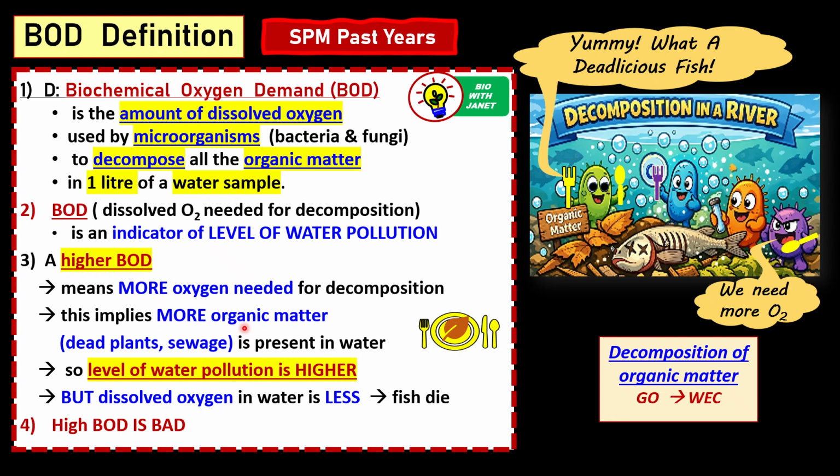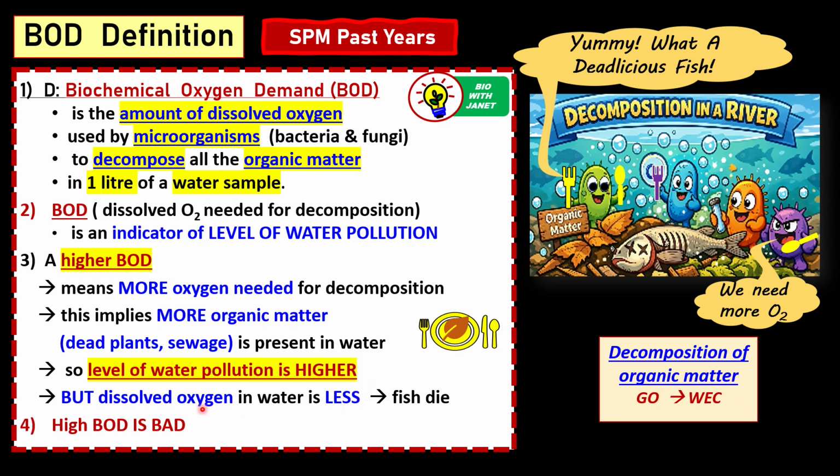This organic matter are the dead substances, the bodies of dead organisms and so forth, that can be decomposed by the decomposers. It's not talking about the chemical toxins, right? So once the BOD is higher, that means the water source has more organic matter. It means that the level of water pollution is higher and the quality of the water is lower.